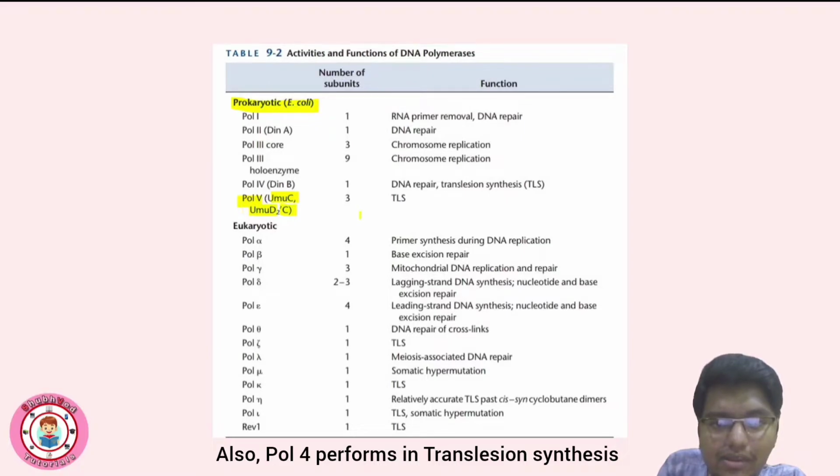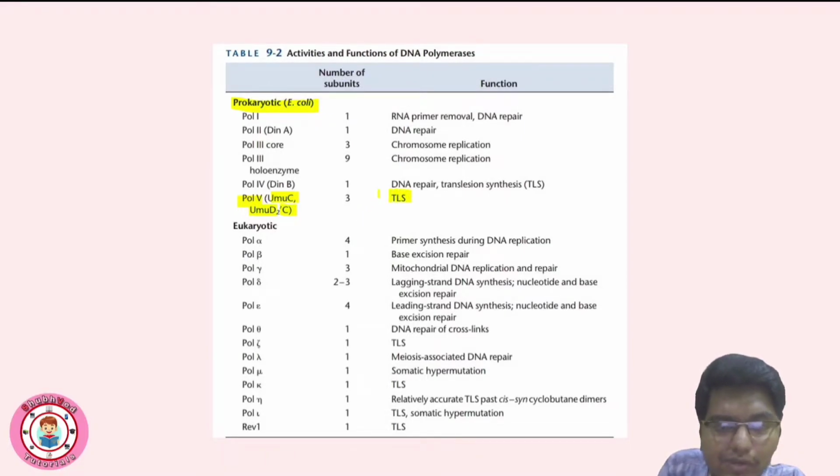So this is a translesion synthesis polymerase in prokaryotes. And in eukaryotes, it is done by polymerase kappa, polymerase zeta, as well as polymerase eta. So these are the polymerases in prokaryotes and eukaryotes.